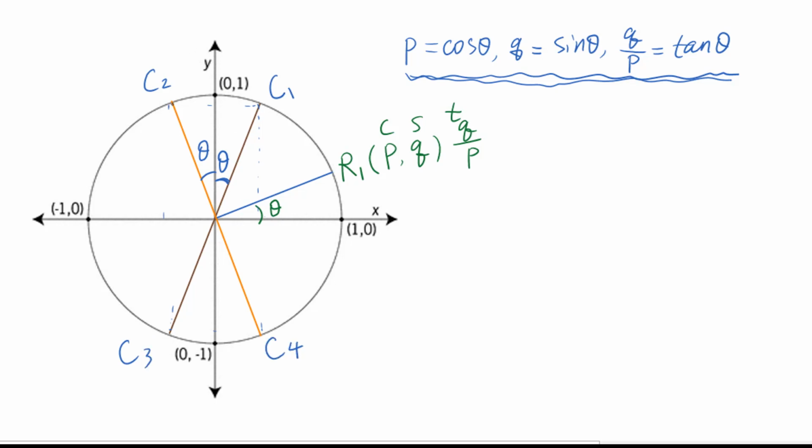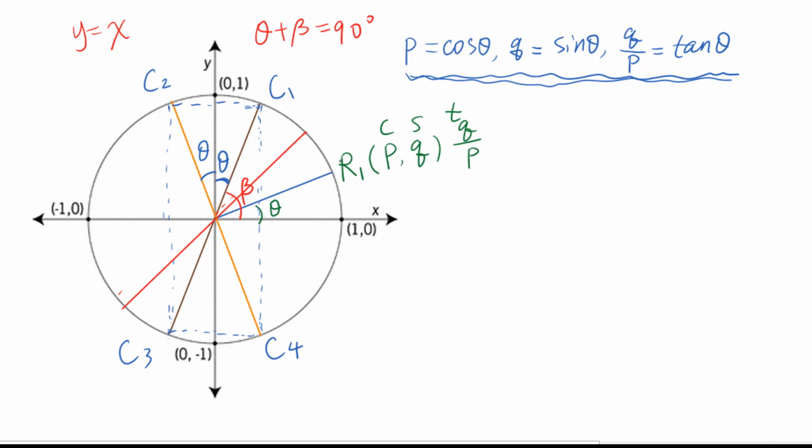We can form a rectangle if we connect C1, C2, C3, C4. And we assume this angle is beta. So we know theta plus beta equals 90 degrees. In other words, theta and beta are complementary angles. That's the reason we use C to show those points.